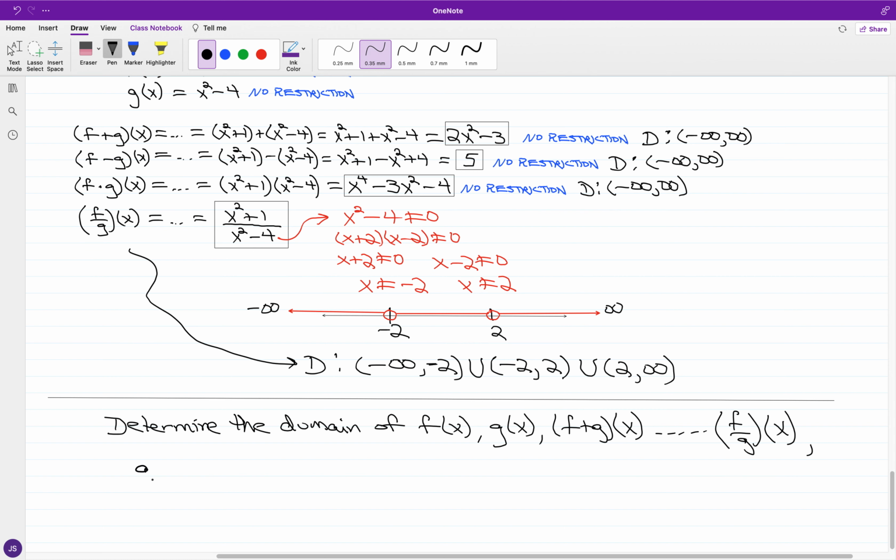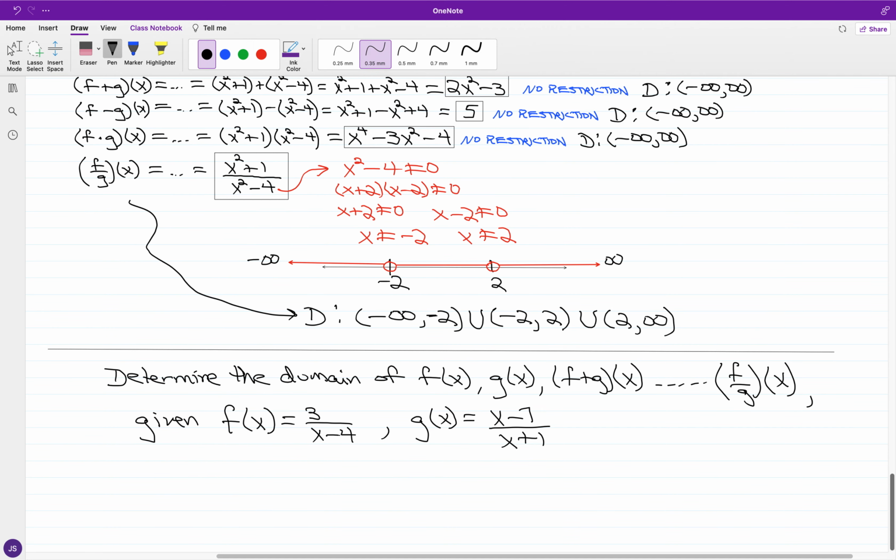And say we are given that f of x is equal to 3 over x minus 4 and g of x is equal to x minus 7 all over x plus 1.